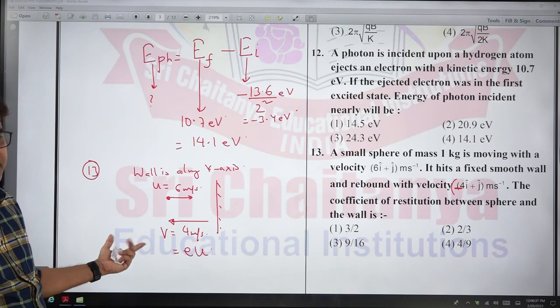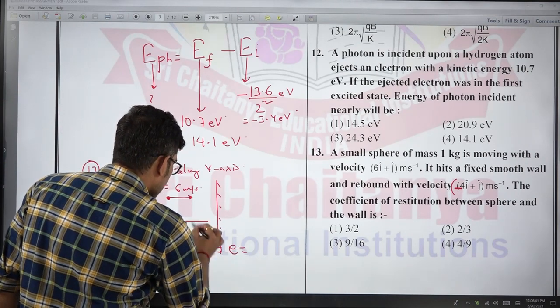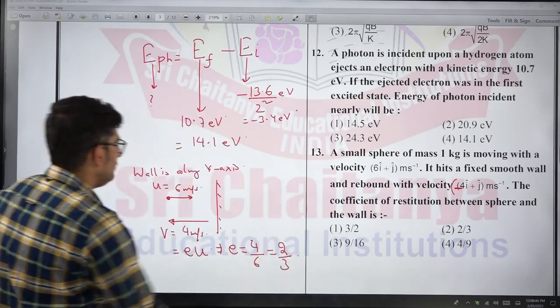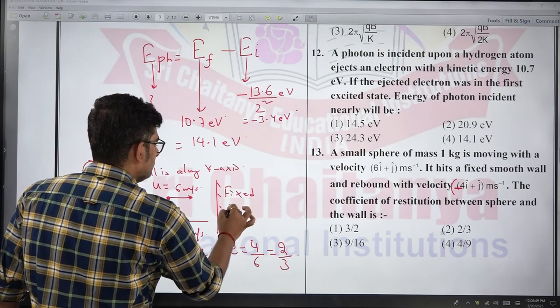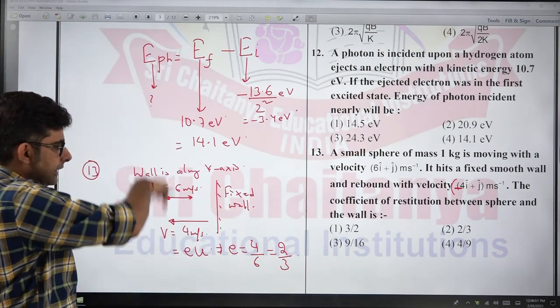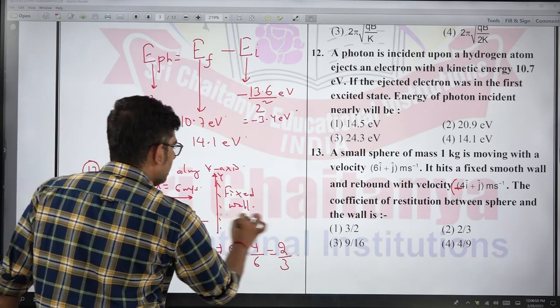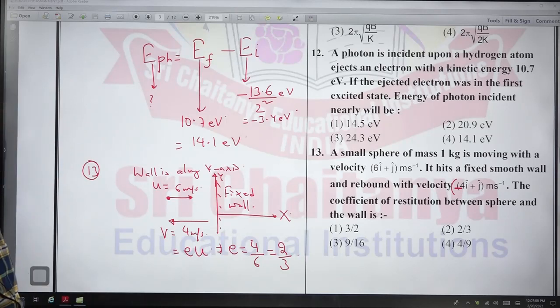From a static surface, v is e times u. So what is the value of e? 4 by 6, that is 2 by 3. So this is a fixed wall, no momentum change along the wall, and this wall we are taking as y axis, this direction we are taking as x axis. Clear to everyone? Okay.